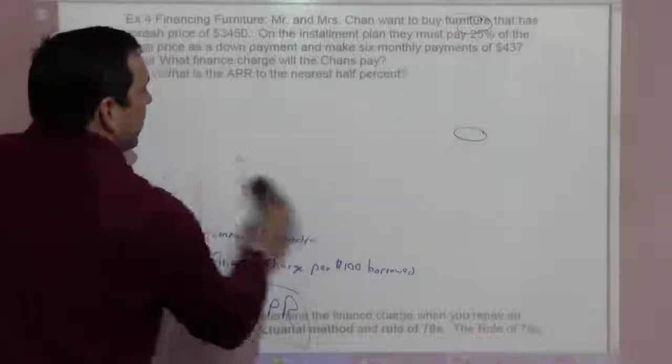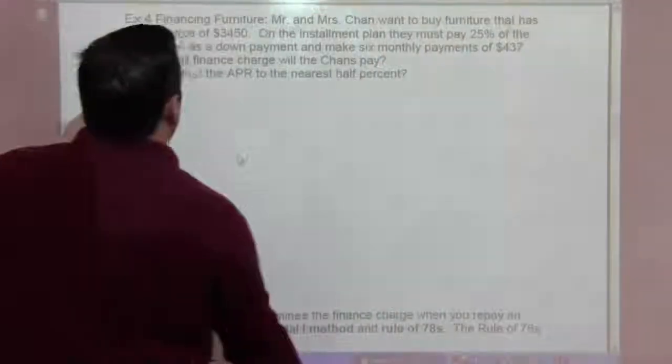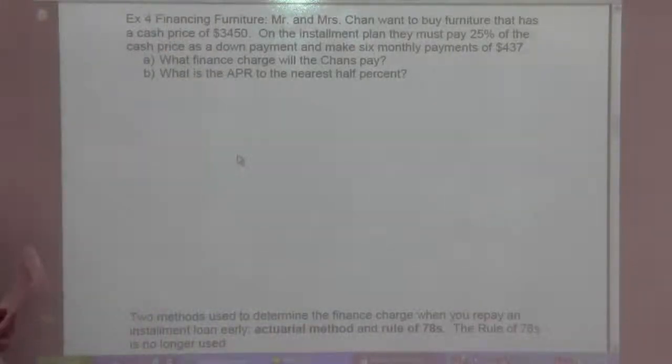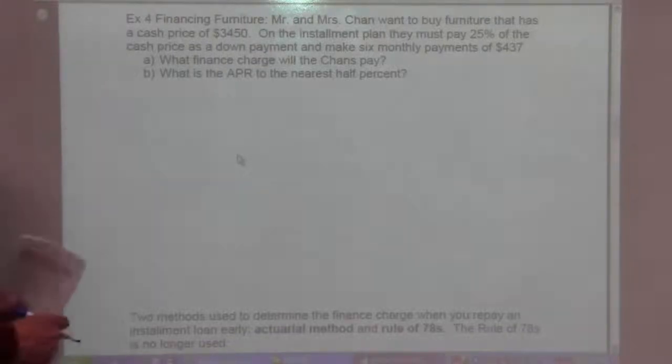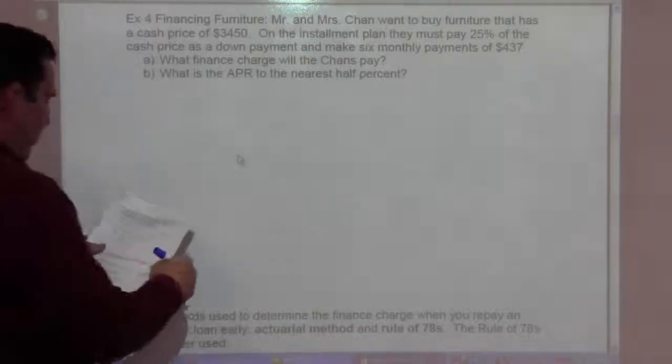It says Mr. and Mrs. Chan want to buy furniture that has a cash price of $3,450. On the installment plan they must pay 25% of the cash price as a down payment and make 6 monthly payments of $437. What finance charge will the Chans pay?